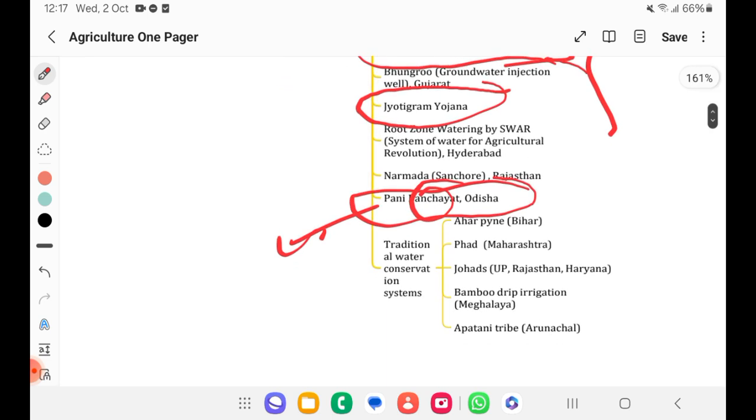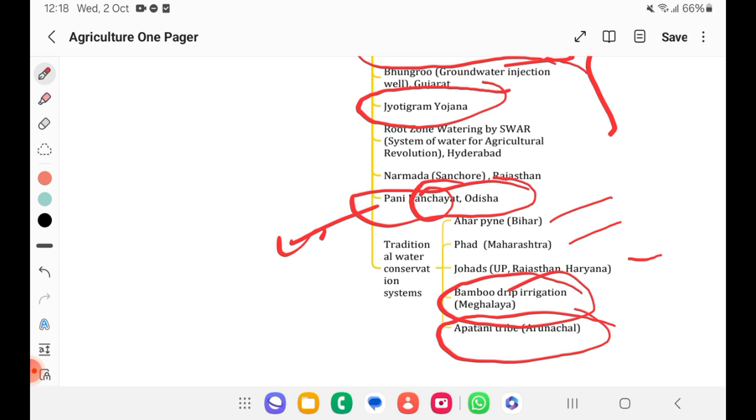Traditional water conservation systems were Ahar Pyne in Bihar, Pat in Maharashtra, Johads, and bamboo drip irrigation in Meghalaya, which is famous. The Apatani tribe also follows some traditional practices, that is in Arunachal Pradesh. Johads are found in UP, Rajasthan, Haryana.